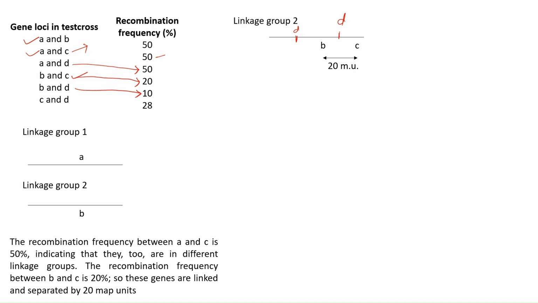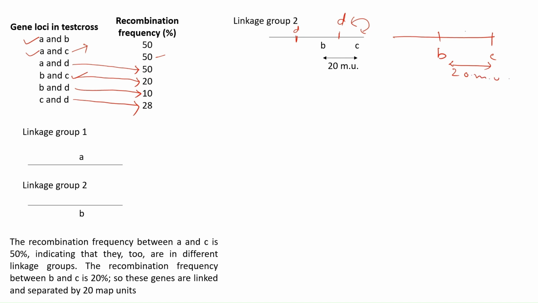Now, what is the actual position of D? Is it to the right or to the left? For this, we need the distance between C and D, which is 28%. The distance between B and C is 20 mu.